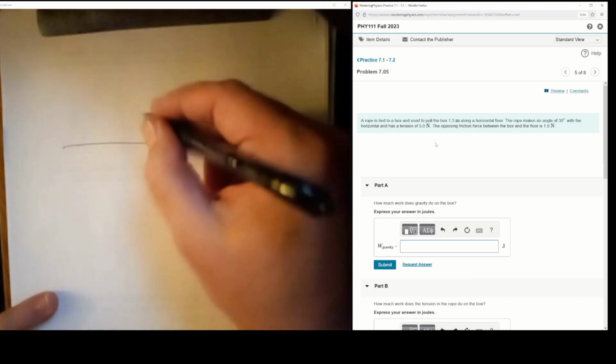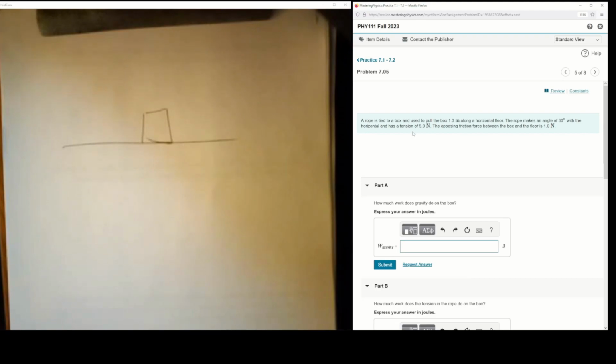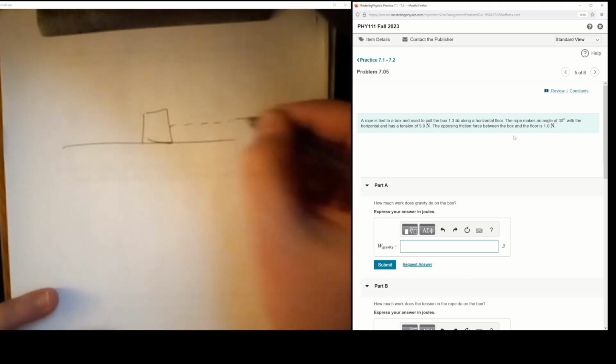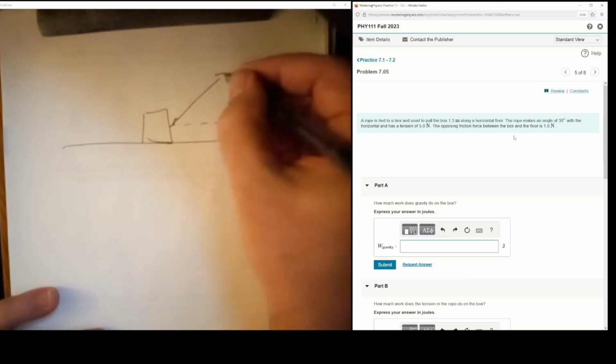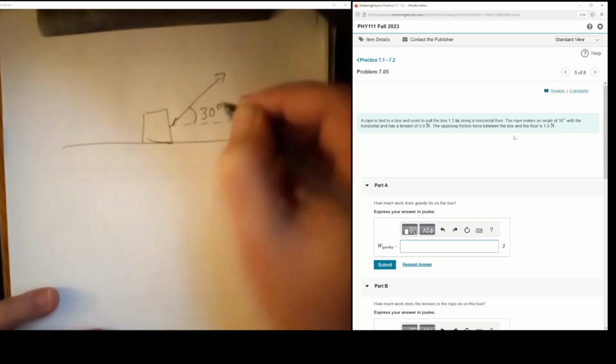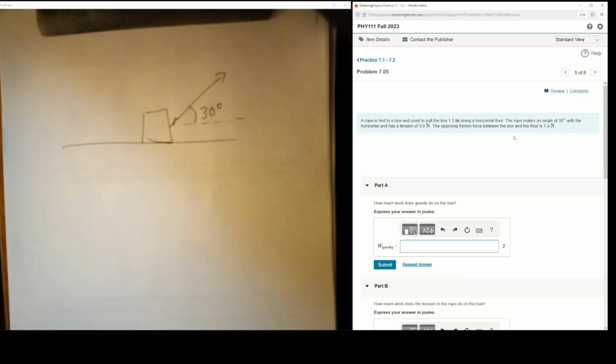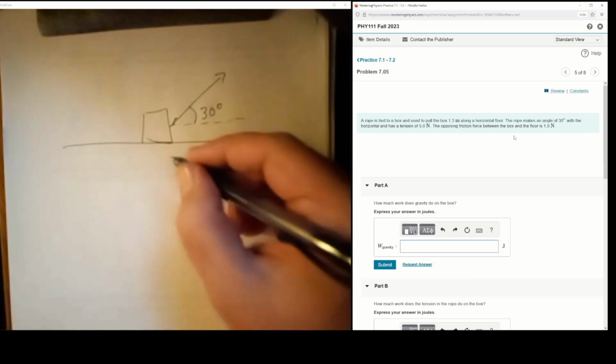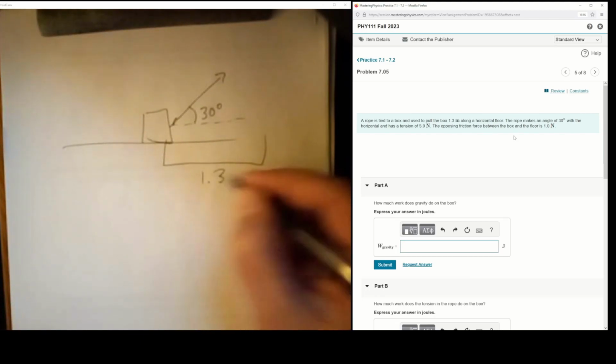So let's see, we have a rope tied to a box. All right, I can draw that. A rope tied to a box. Let me see if there's any angle here before I draw my rope. The rope makes an angle of 30 degrees with the horizontal. All right, so there's the horizontal. The rope is making 30 degrees with the horizontal. It pulls the box 1.3 meters.